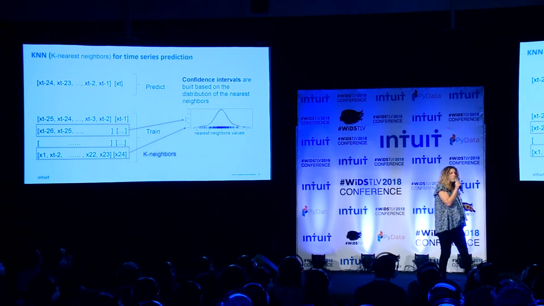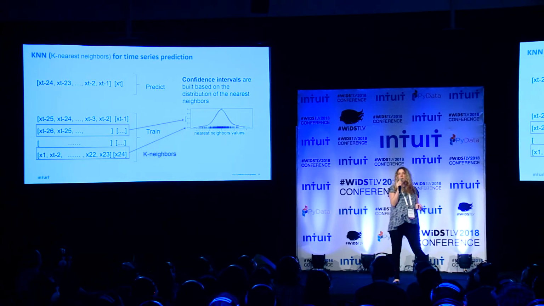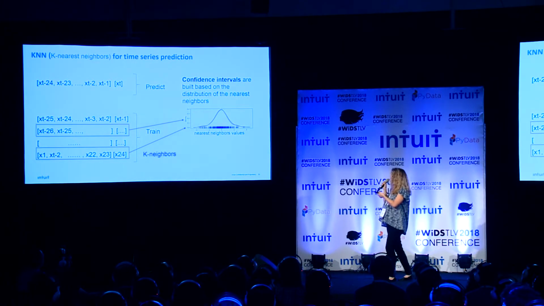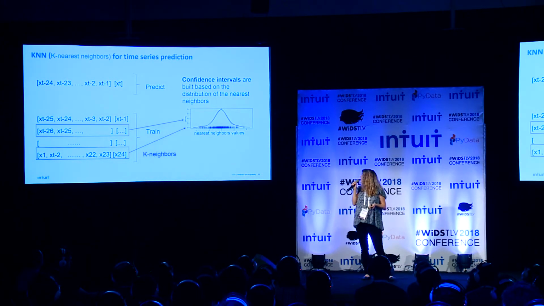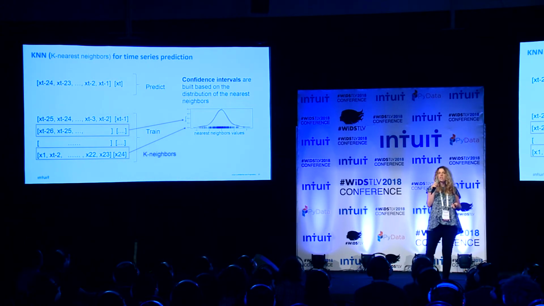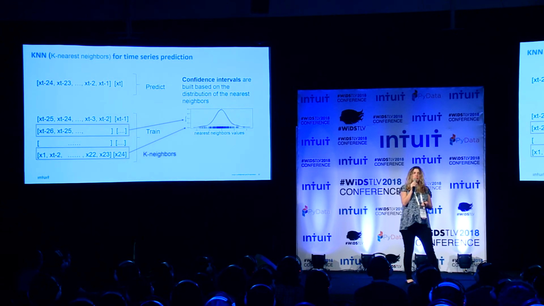Then the prediction from these K nearest neighbors gives us the distribution of values of what should be our predicted value. This distribution, which you can see on the right here, can also provide us a way to define the confidence interval of our prediction based on the distribution of the K nearest neighbors.